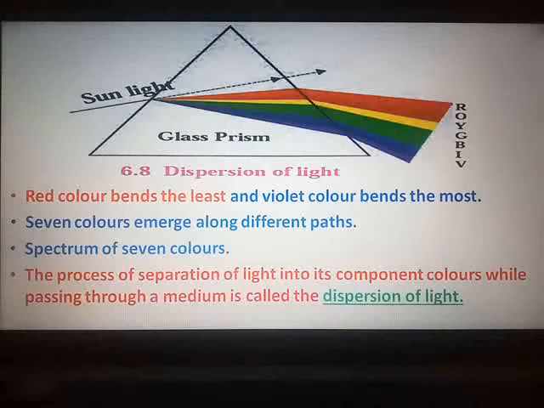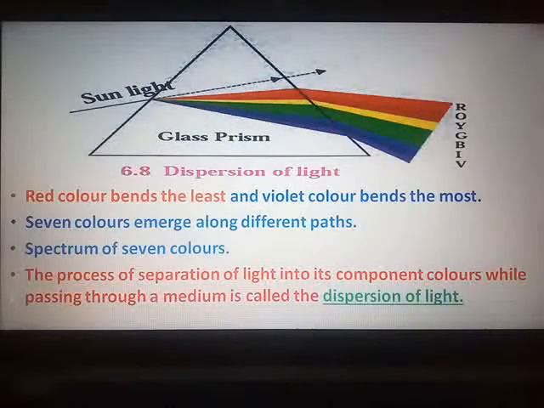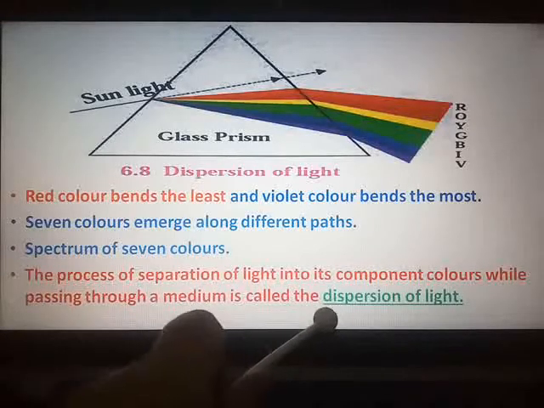So even if you have to draw any diagram where you have to color something, do not use any color. Only show the color by writing that particular word. Here you can show red, R-E-D, then spelling for orange, that way. So take one care.